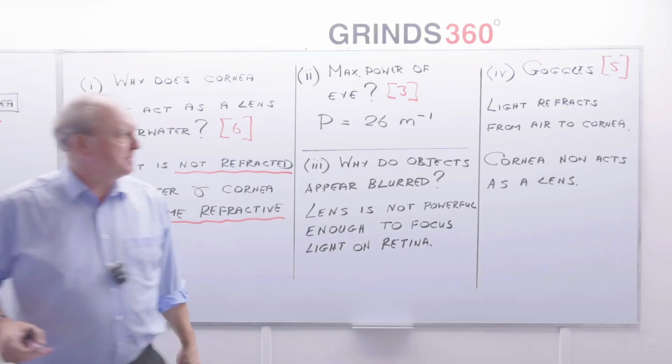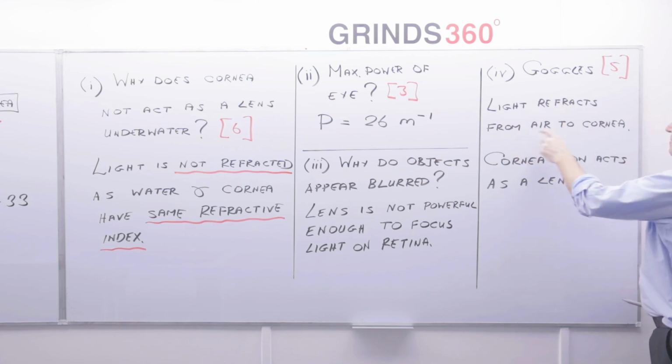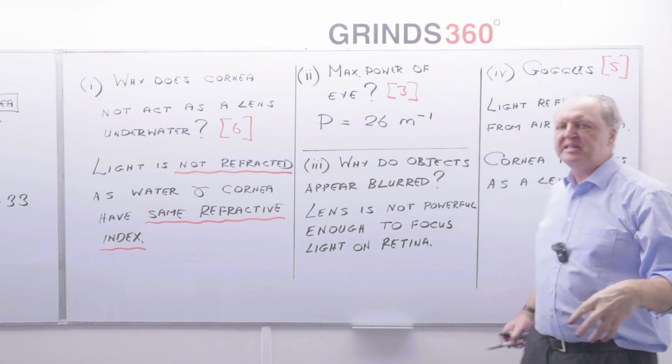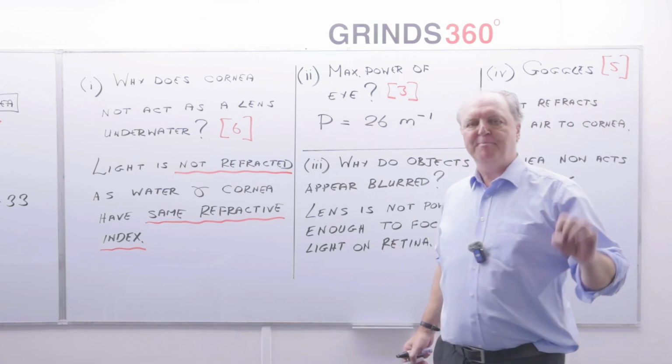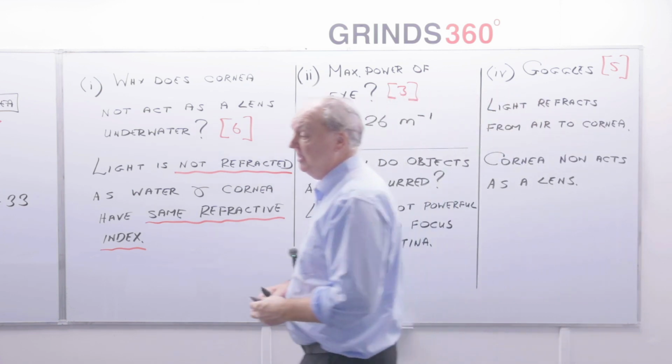We will say, wearing goggles, the light refracts from air to your cornea. That layer of air inside your goggles is now important. The cornea now acts as a lens. The cornea is now brought back into play by having that layer of air in front of it. That was a good question. Tough question.